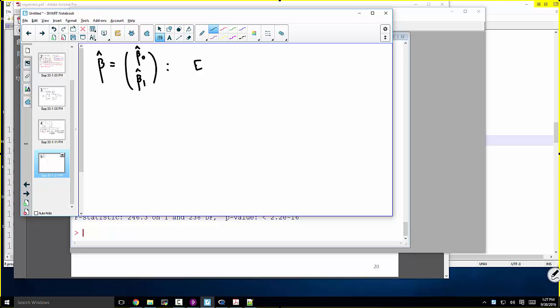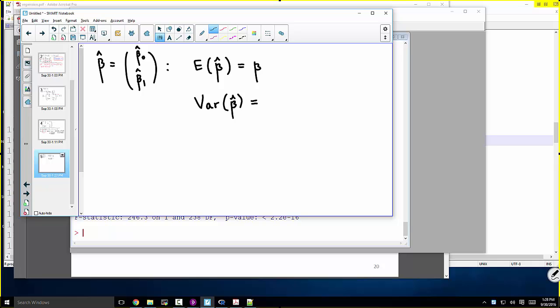In the slide, we have that the expected value of beta hat is equal to beta. Beta hat, computed the way we're computing it, is unbiased. And when we say variance of beta hat, if we're dealing with vectors, then the, quote, variance of a vector is a covariance matrix.